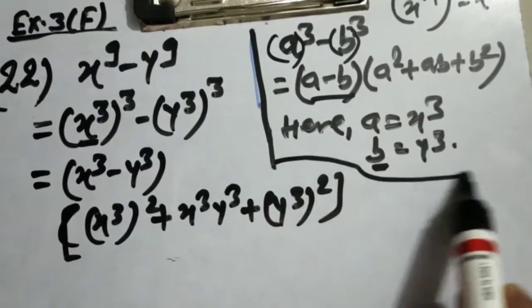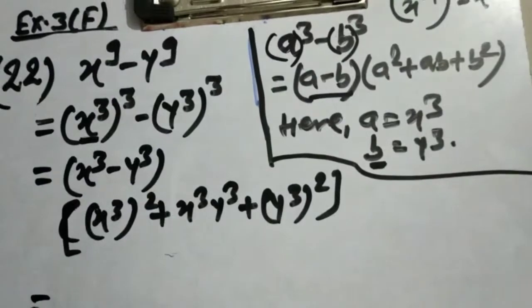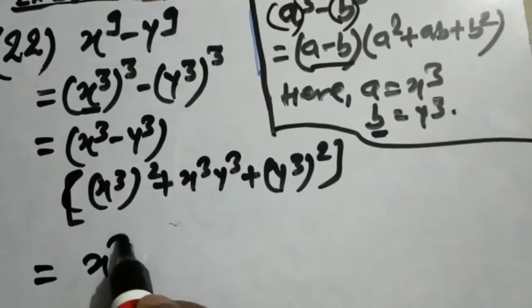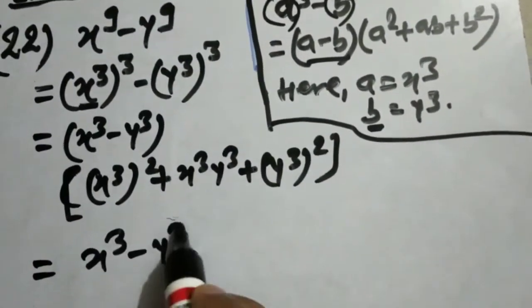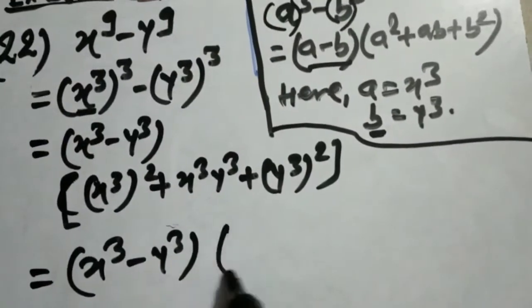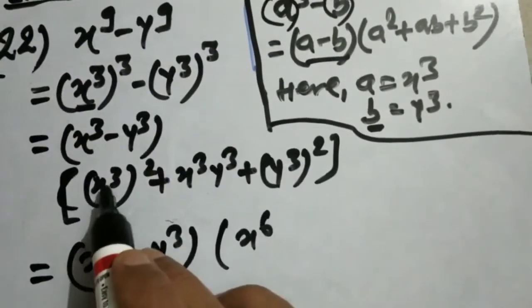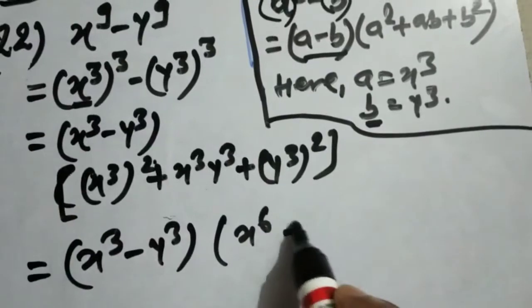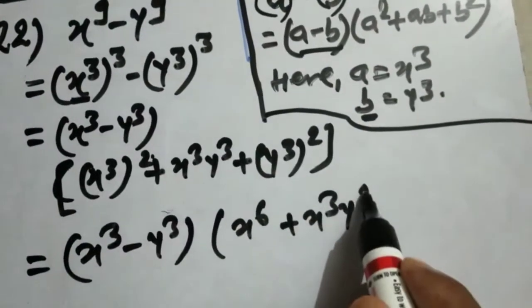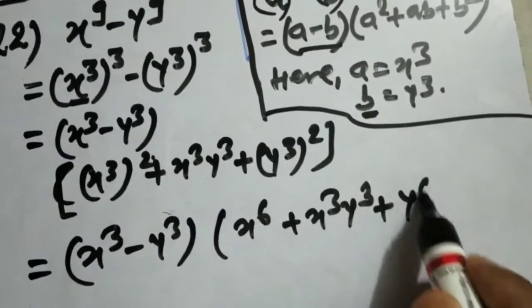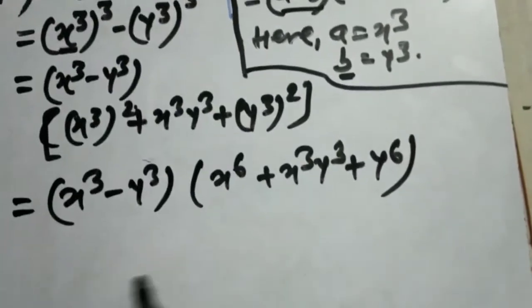At the place of b you have to write y cube. So this will be equal to (x cube minus y cube), and x power 6 will be there, 3 multiplied by 2 will be 6, and x cube y cube plus y raised to the power 6. Okay.